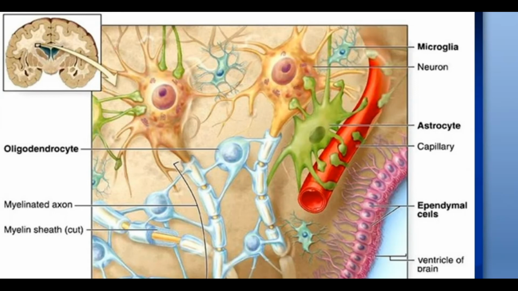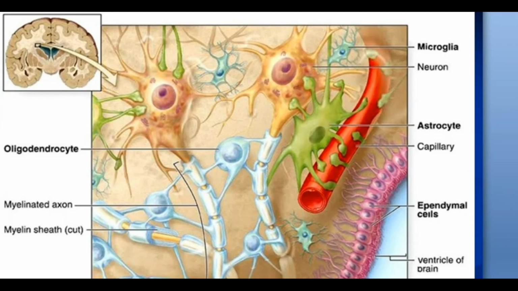Oligodendrocytes produce the myelin sheath. They provide the electrical insulation of neurons in the central nervous system. These cells have a few small processes that are located around the axons.